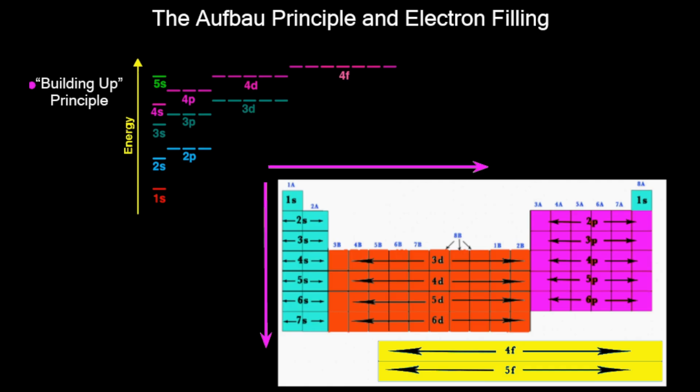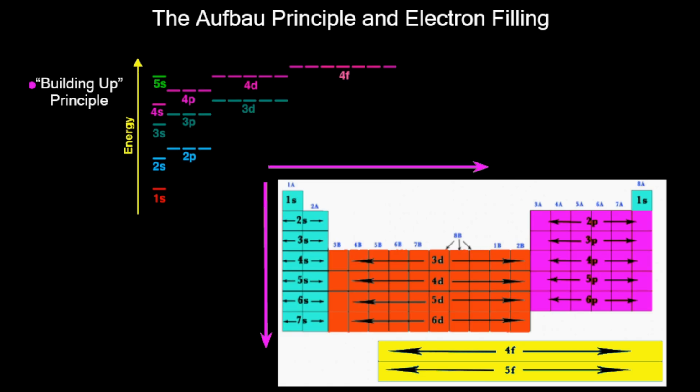Before we start writing electron configurations, let's review the basics, specifically the Aufbau principle. The Aufbau principle, or building up principle, states that electrons occupy the lowest energy orbitals available before filling higher energy orbitals.